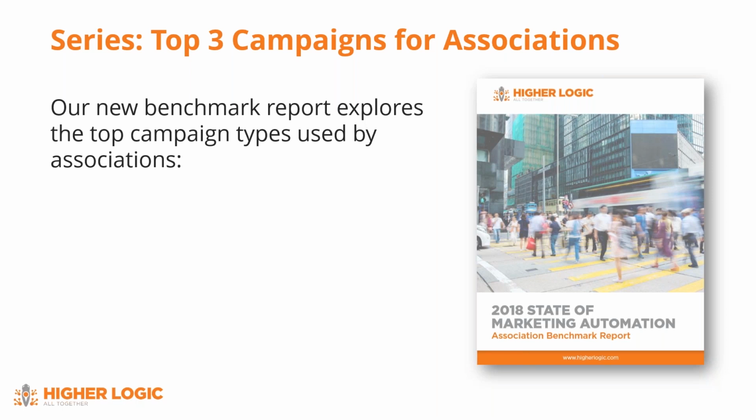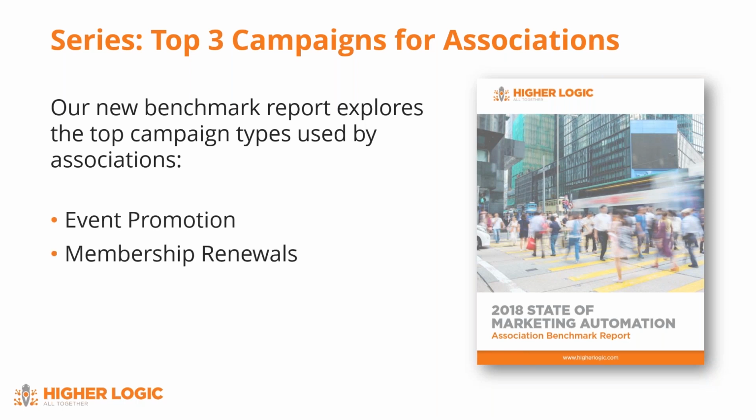And as part of this report, we surveyed associations to see how they were using these marketing automations. And the three most popular campaign types that they were using were event promotion, as Kevin spoke with you about in the last series, what we'll be discussing today, membership renewals, and finally, onboarding or new member welcome campaigns.